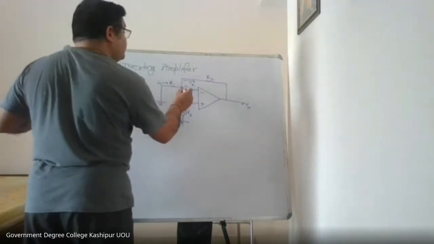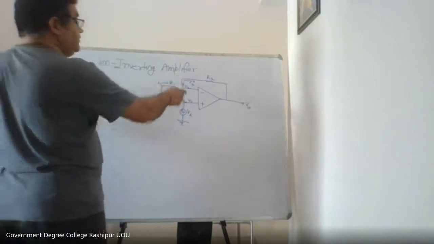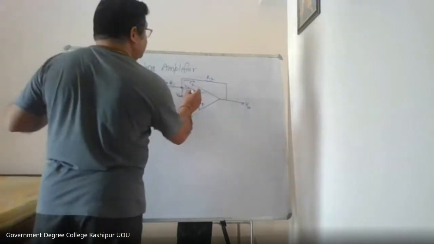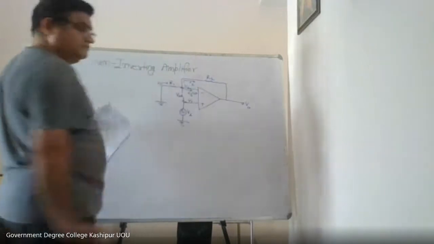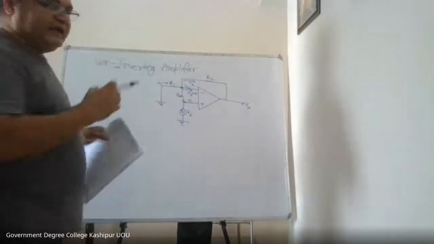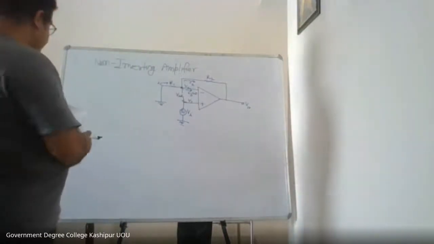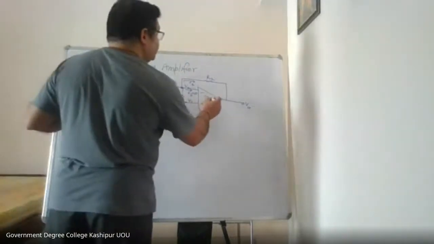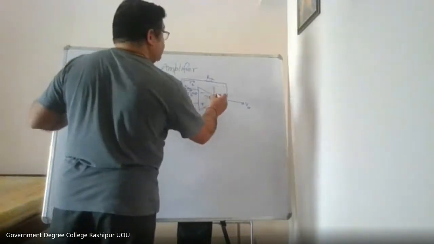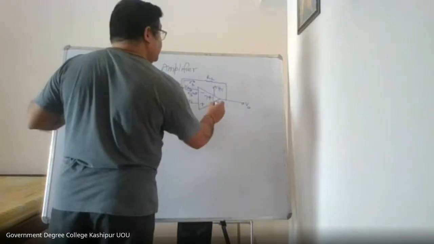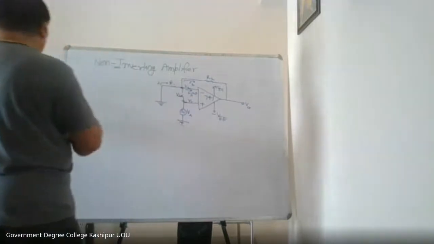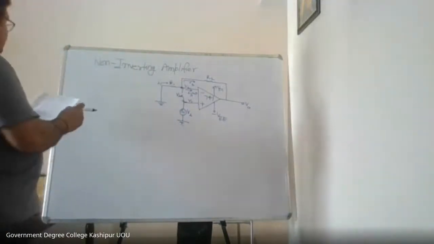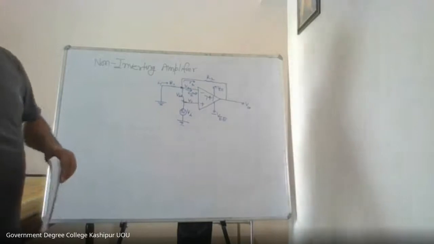This is the potential difference VID, difference V1 minus V2. Suppose the current inside this operational amplifier is I3, and it will be equal to 0 because the input impedance is infinite in case of ideal condition. This is plus VCC and this is minus VEE. This is the circuit diagram of non-inverting operational amplifier.